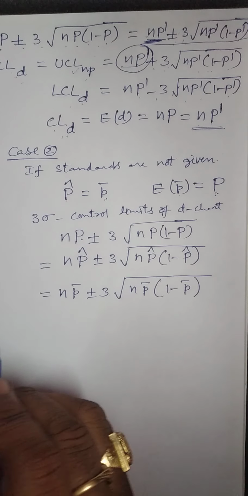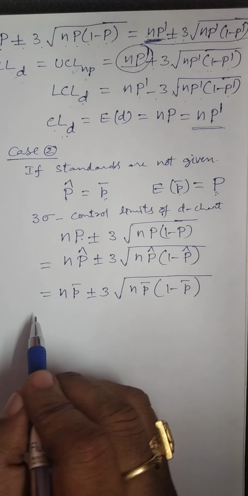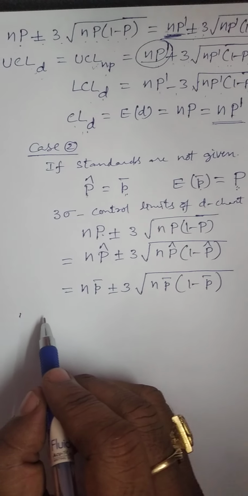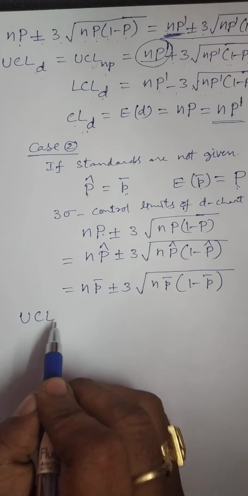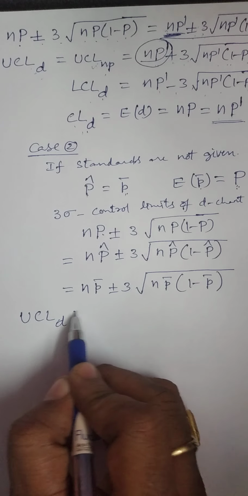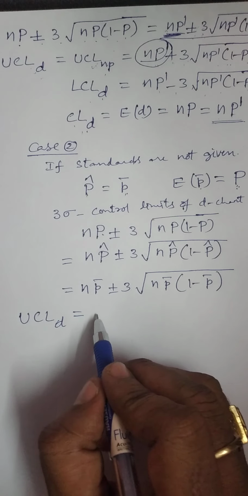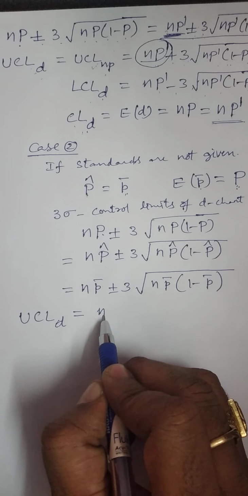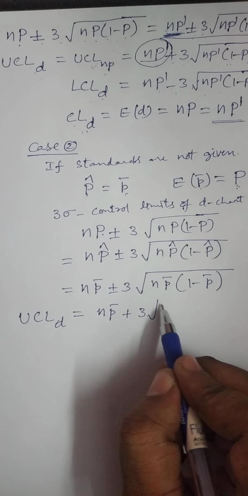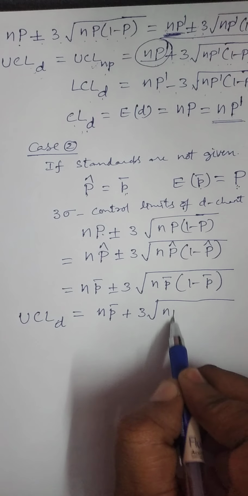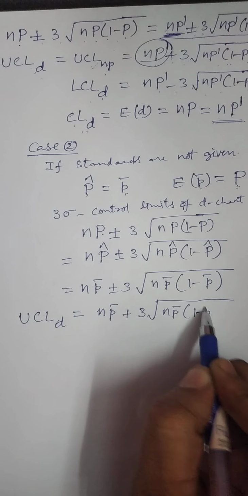Now, it is simple to write the values. UCL of D or NP is calculated with plus sign as NP bar plus 3 into square root of NP bar into 1 minus small p bar.